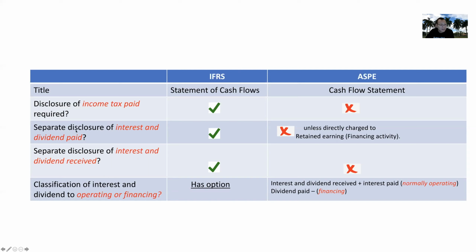Separate disclosure of interest and dividend paid. IFRS requires a separate disclosure of interest and dividend paid. So if you have interest paid to the bankers, the creditors, and dividend paid to the shareholders, that information has to be separately disclosed in the statement of cash flows.